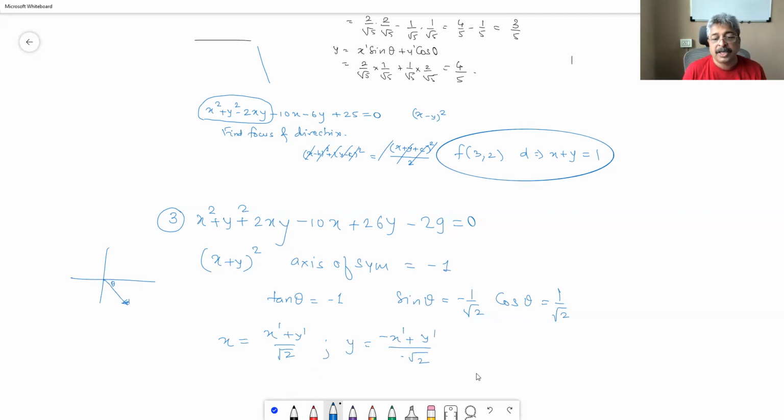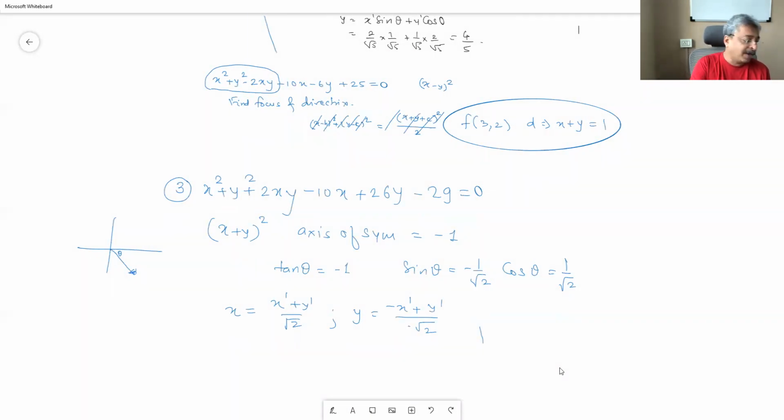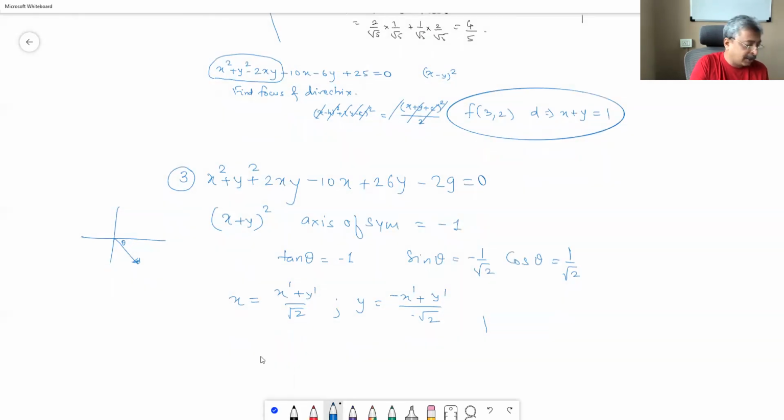These are your x and y values, which you should substitute in the original equation and simplify, and you should get something like, can somebody tell me directly what is the quadratic equation that you get? y dash square minus something into y dash minus something into x dash, or maybe plus constant. Can somebody tell me these three brackets so that we complete the square and go ahead?